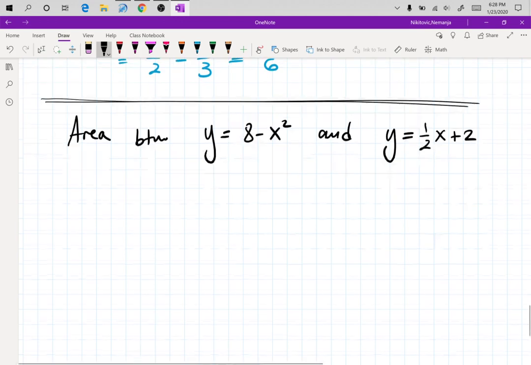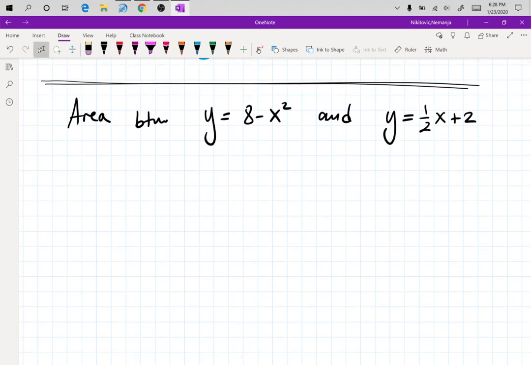All right, let's take a look at this together. The way I graph this, because I really don't care about the gory detail, what I know is that my y-intercept on the parabola is 8, because when x is 0, y is 8. So 1, 2, 3, 4, 5, 6, 7, 8.